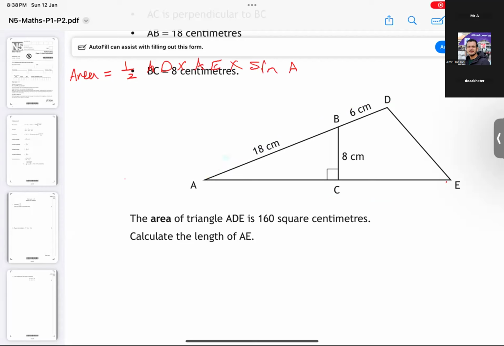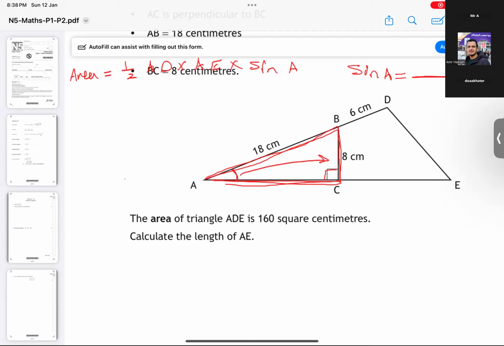But we got something that's really interesting. Look at this one. This one looks like a right angle, right? Which makes sense. I have the ability to get what sine A stands for. So let me write sine A equals opposite over hypotenuse.